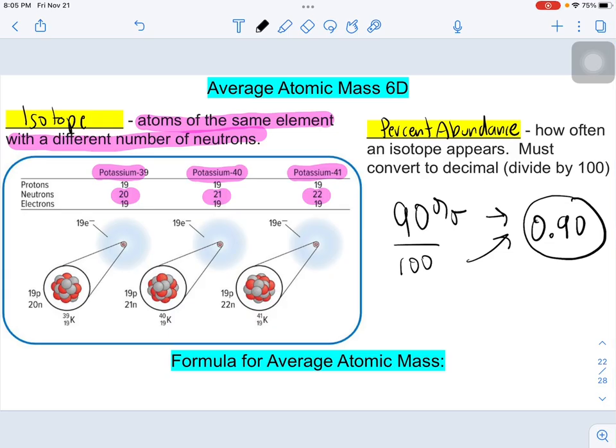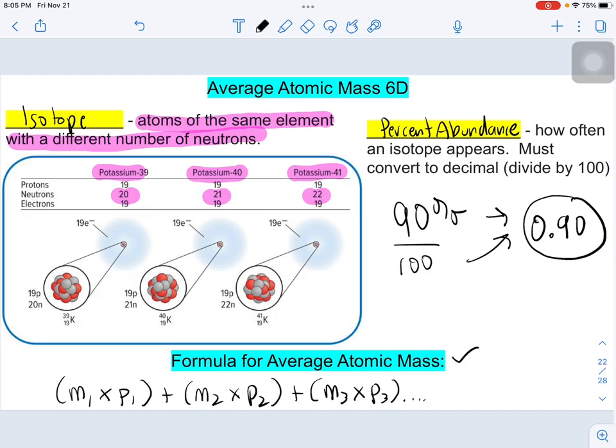Let's go ahead and go to the bottom and let's write the formula for average atomic mass. The formula for average atomic mass is going to be M1 times P1 plus M2 times P2 plus M3 times P3, and on and on and on, depending on how many isotopes the question has.